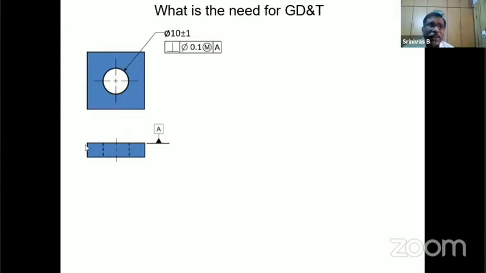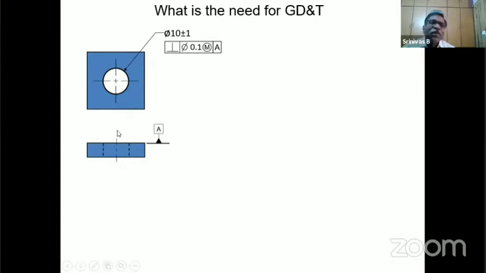You see here, the hole is perfectly perpendicular to datum A. In that case, the hole would be able to receive a pin of 9 mm. Am I right, sir? However, it is not possible to produce the hole perpendicular like this. It is a theoretical one. In practice, you cannot have a hole like that.